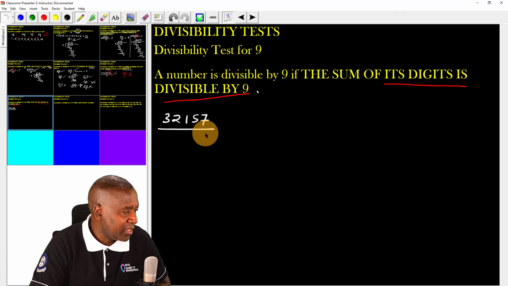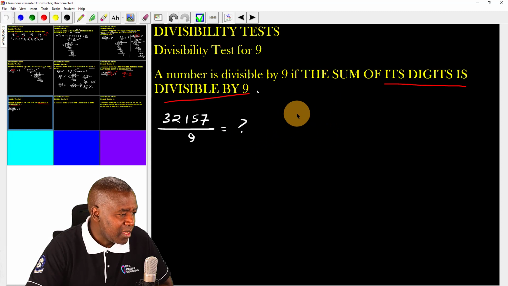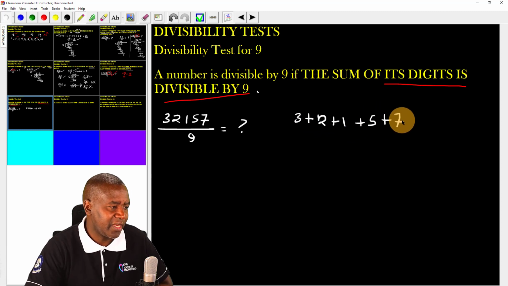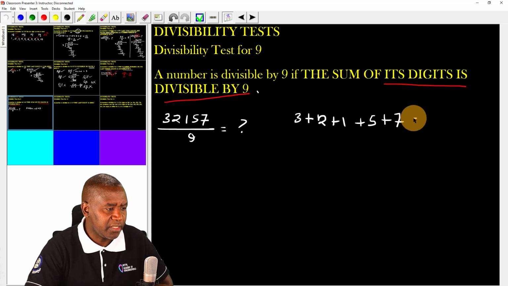157 divided by 9. We are wondering, is it divisible by 9? Let's see. We get the sum of its digits: 3 plus 2 plus 1 plus 5 plus 7. This gives me 10, 18.